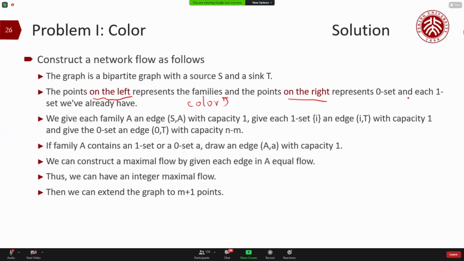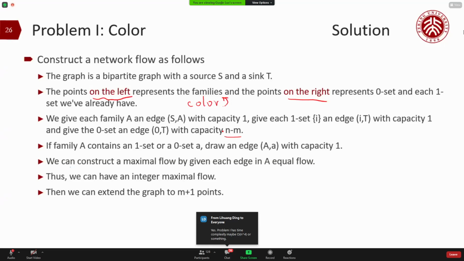Given each family, we add an edge from S to A with capacity 1, and each 1 set has an edge to the sink, also with capacity 1, and each 0 set is added to the sink with capacity M minus M. If a family A contains a 1 set or 0 set, we draw an edge from capital A to lowercase a with capacity 1. So we can construct a maximum flow by giving each edge in A.